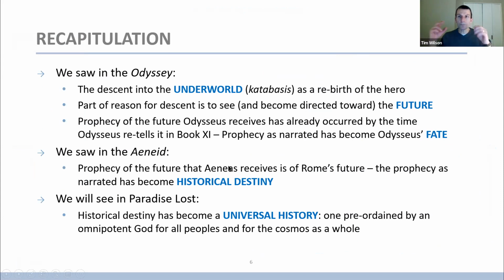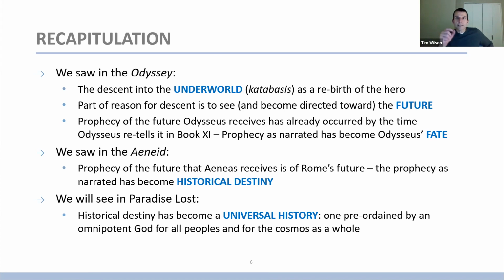Obviously, the other thing to point out there too is Paradise Lost is consciously pointing back to these epics, and one of the key story points that's being repeated here, except in a, say, magnified way, is this notion of a descent into the underworld.